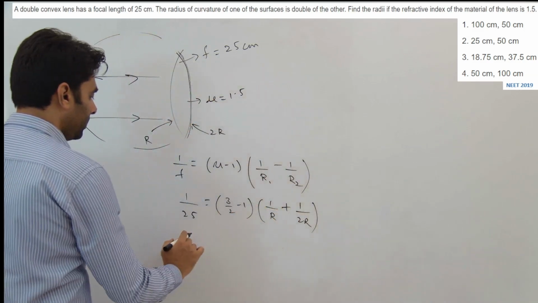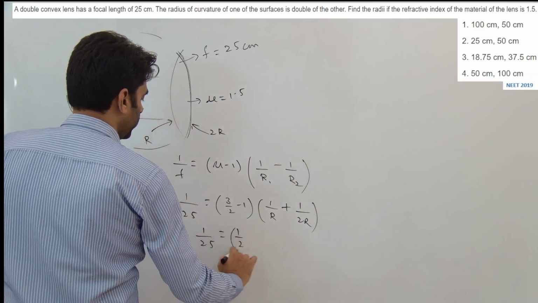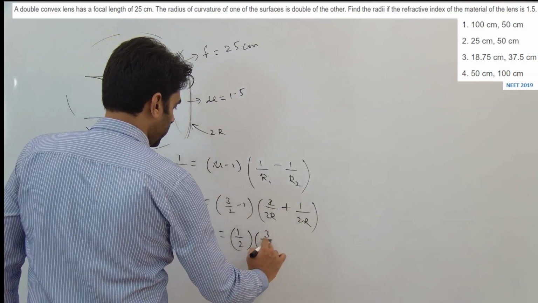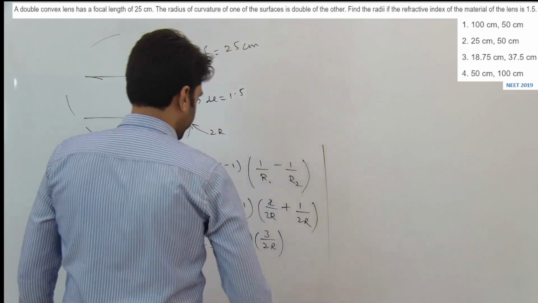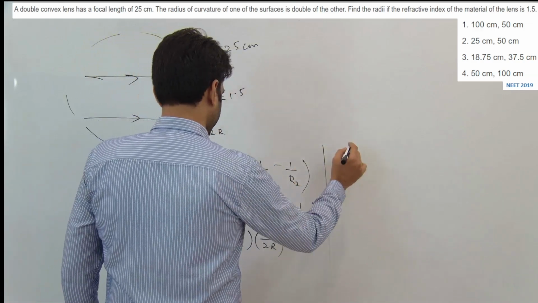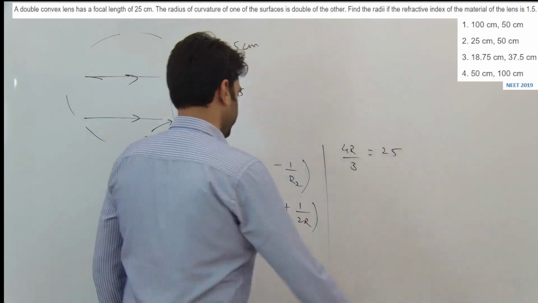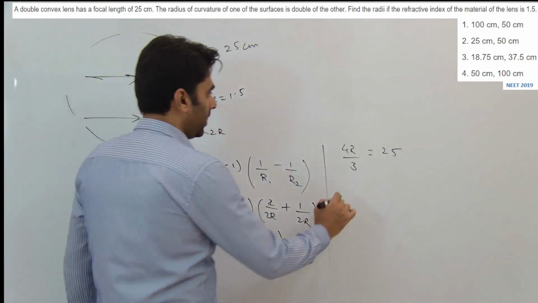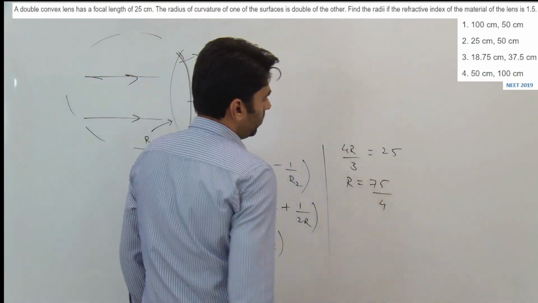Okay, let's simplify this. So 1 by 25 is equal to 1 by 2 into, over here, 3 by 2R. If I further solve it, we will get 4R by 3 is equal to 25, right? 4R by 3 is 25. So R value is 75 by 4. How much can we write it?